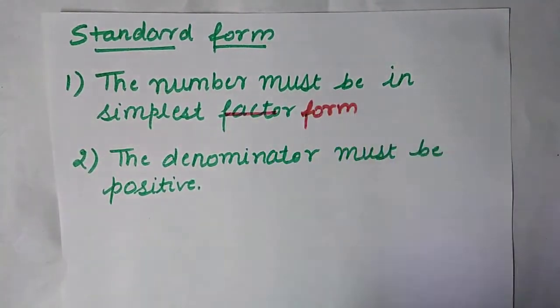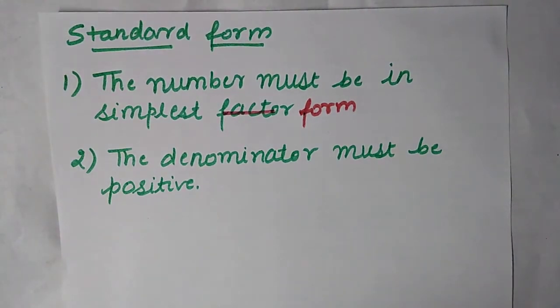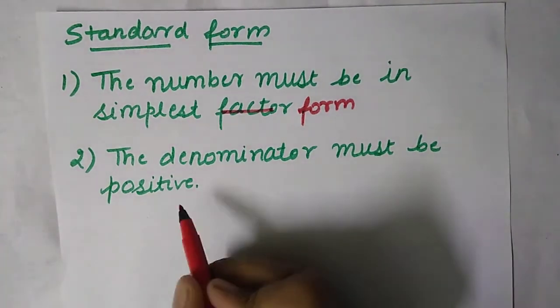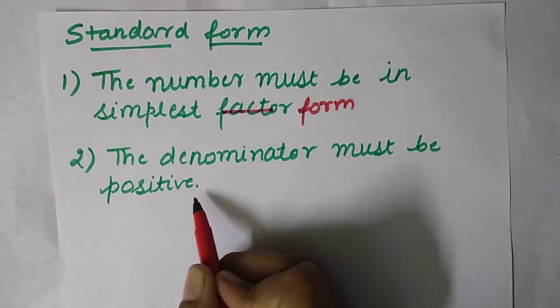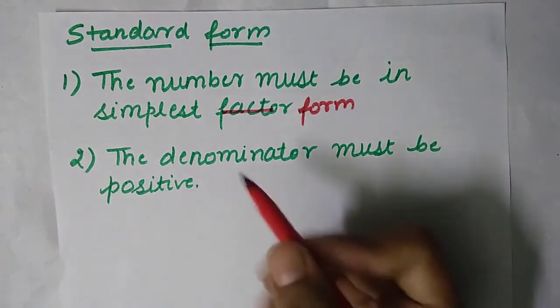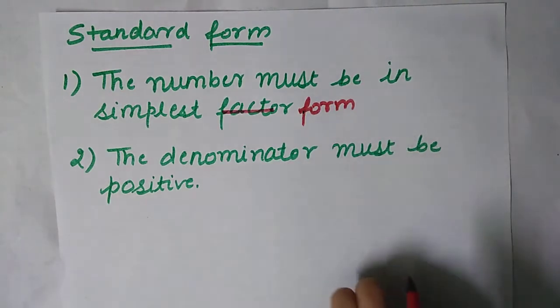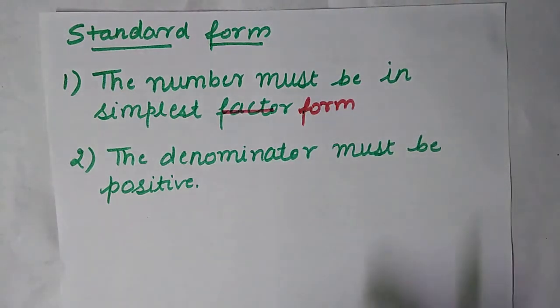It means they don't have any common factor other than 1. And second, the denominator must be positive. If a number satisfies these two conditions, then we can say that rational number is in standard form.